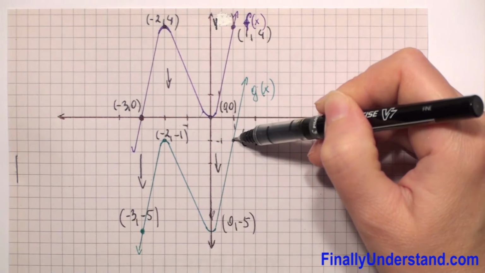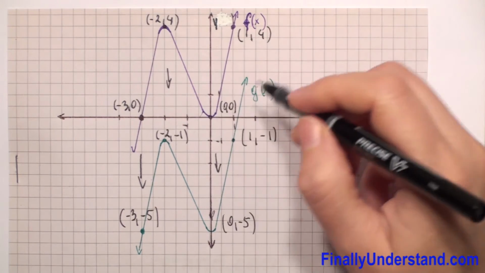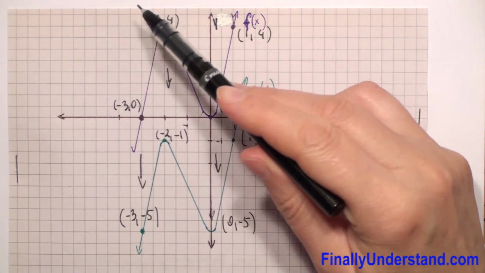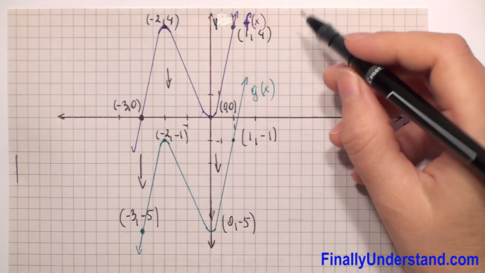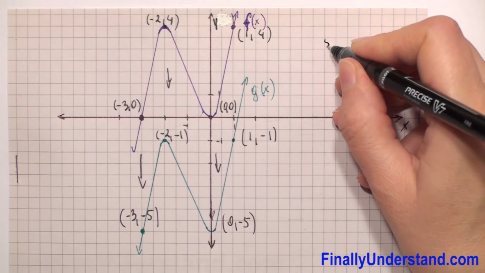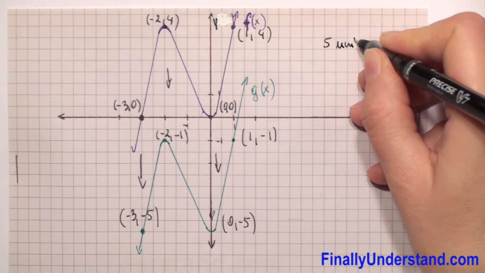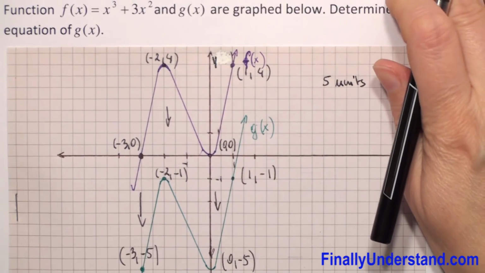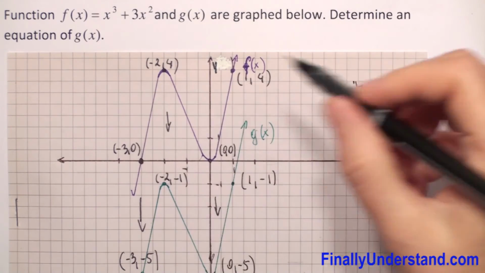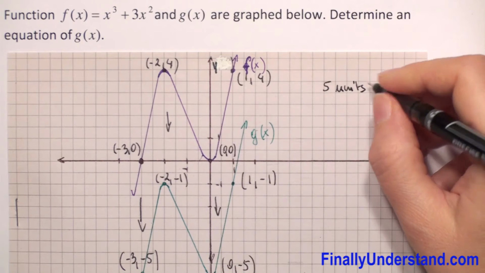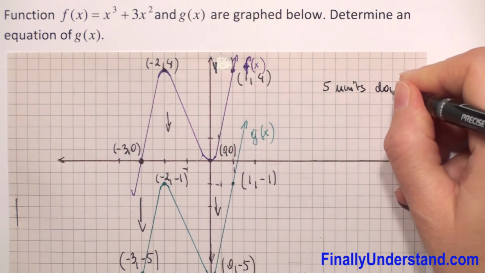Exactly 5 units down. We have that every point of the f function, we take 5 units down.